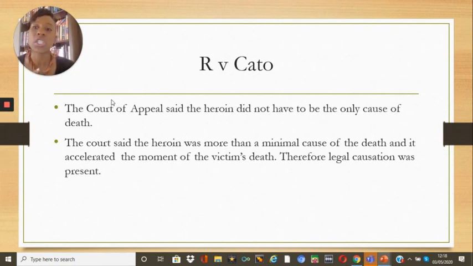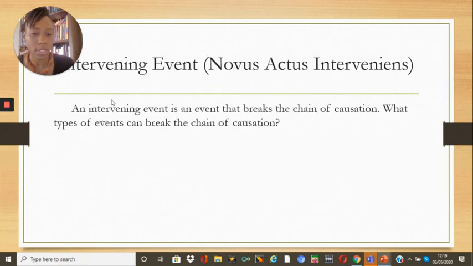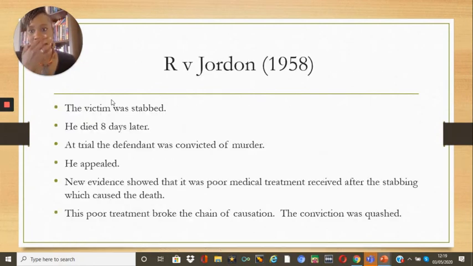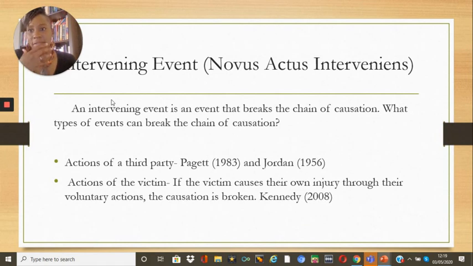Hence, legal causation was present. So remember, you need to demonstrate factual causation and legal causation. If the defendant is arguing that legal causation isn't present, then the jury really needs to be convinced that it is present before they can convict a person of murder, looking for factual and legal causation.